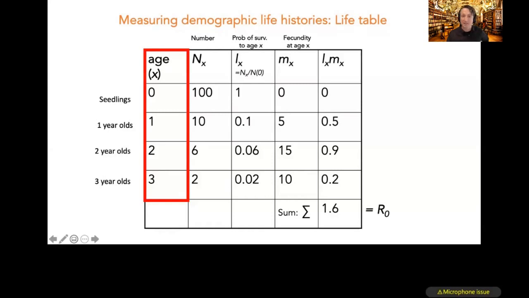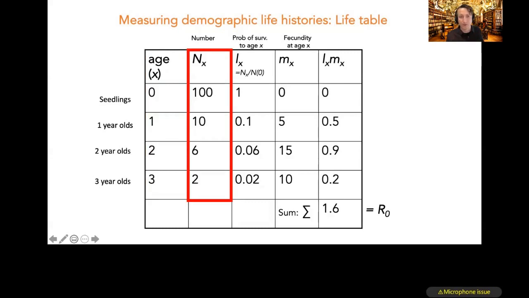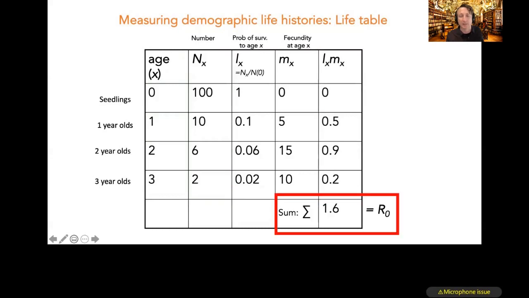And that's important because that tells us something about population growth, and it is a measure of fitness because we can compare 2 different life tables from 2 different phenotypes and compare which one has the highest R naught, that is, which one has the highest fitness. Okay, introduction to demography and R naught. All right, so as you go through each one of these, remember, we use these numbers ultimately to calculate R naught.